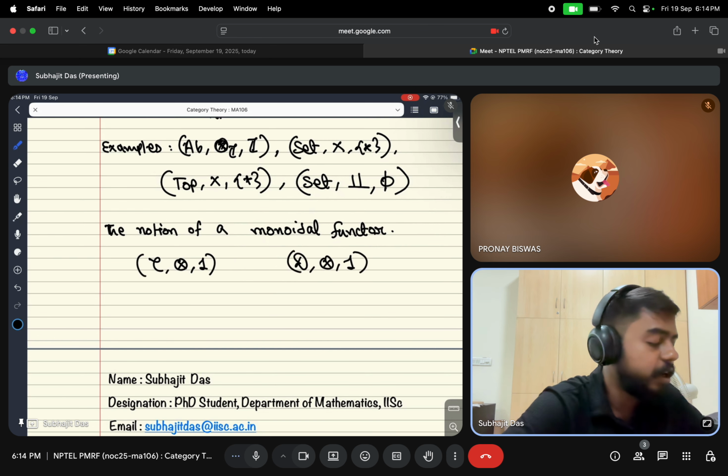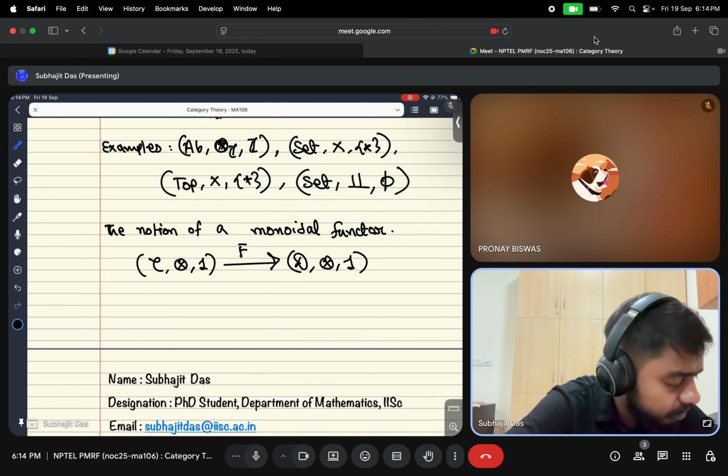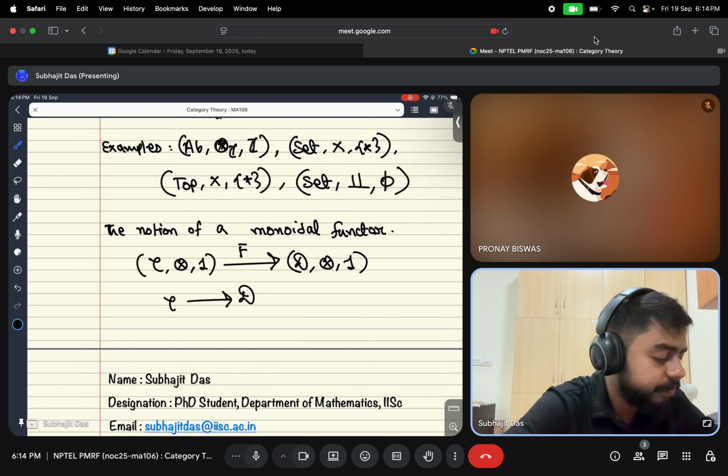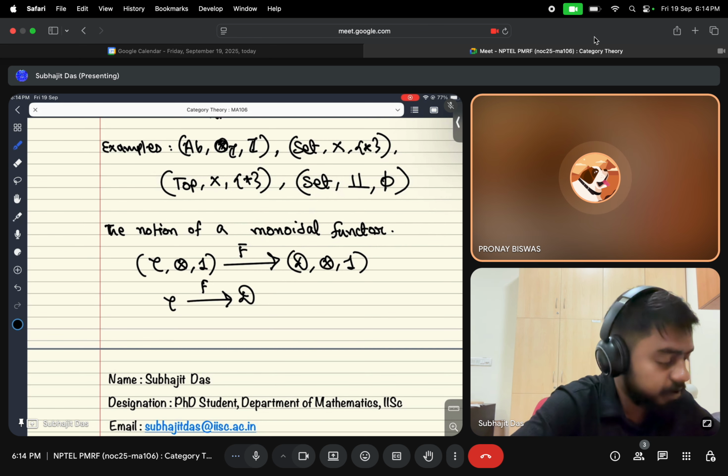We'll write the products using the same notation. So a monoidal functor is first of all a functor F from C to D, and what else? It will preserve the tensor product.